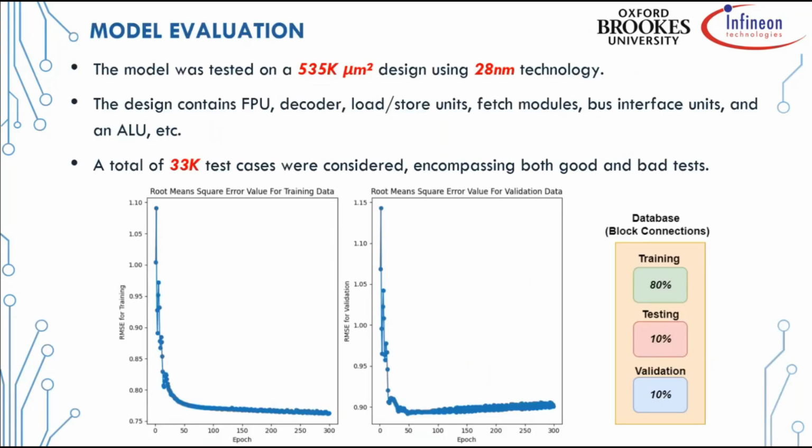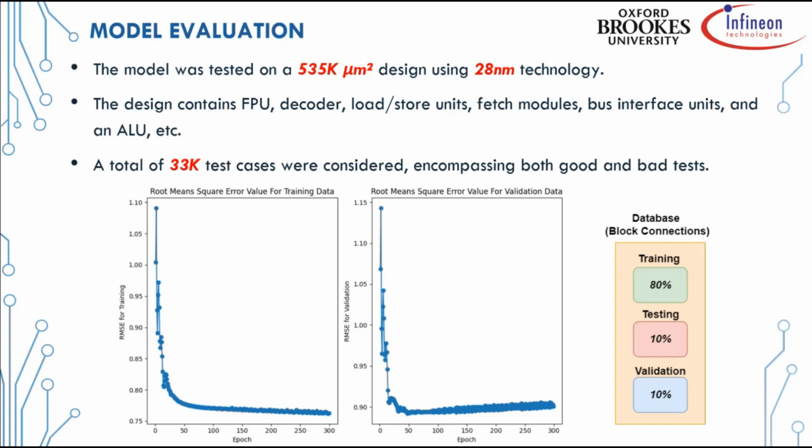Right, so the model evaluation. For training the model, I split the data set to 80% for training, 10% for testing and 10% for validation. We tested our model with a 535K micrometer square design using a 28 nanometer technology. The design includes various components such as FPU, decoder, load unit, ALU, etc. There were about 13 blocks altogether in this particular circuit we tested.